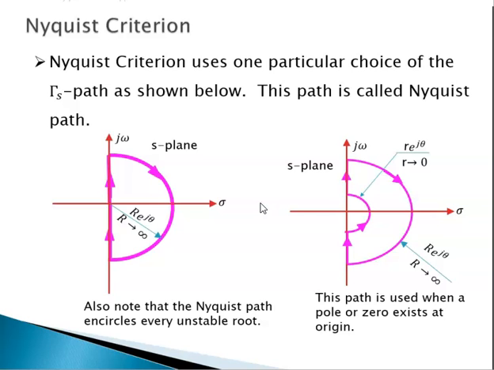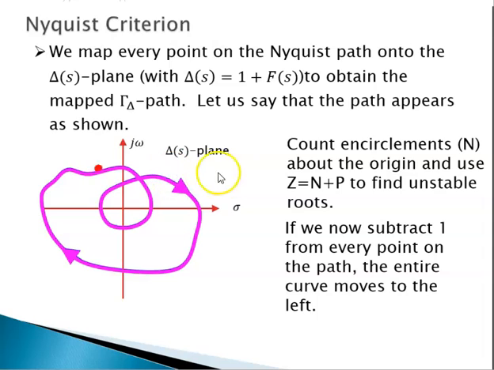That graph sheet is what we call delta S plane. In this plane, you count how many times this curve is encircling the origin. Let that be n.